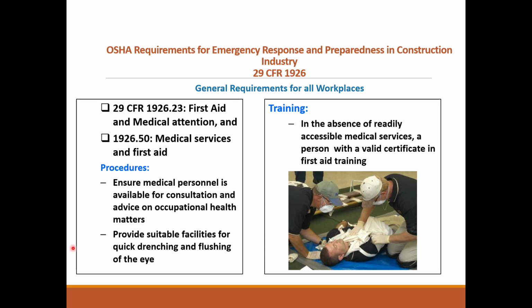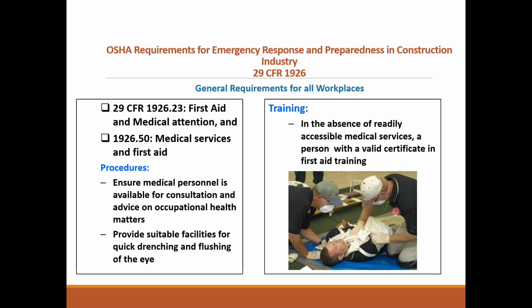That's why we recommend, guys, if you are working in a chemical or any type of hazardous chemical laboratory, you must provide an eye wash or a shower. Okay, and provide training. In the absence of reliable, accessible medical service, a person with valid certification in first aid training.